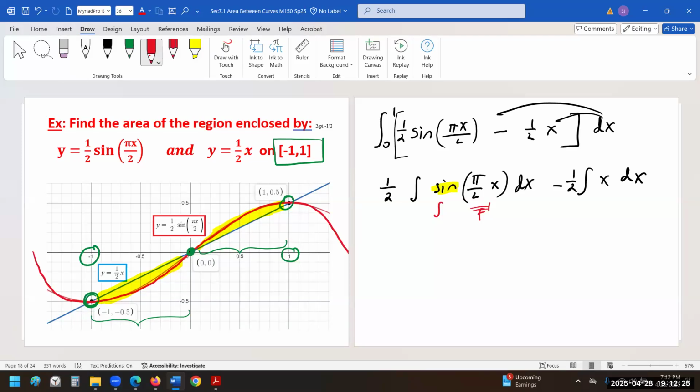The main idea behind U substitution is we are taking the antiderivative of the trig function and dividing by the derivative of the angle. That's the U substitution. Okay?